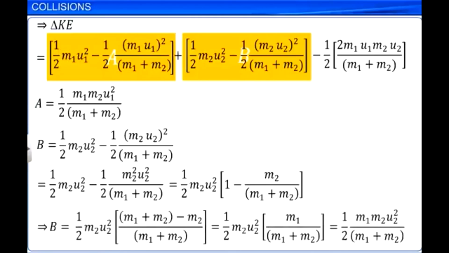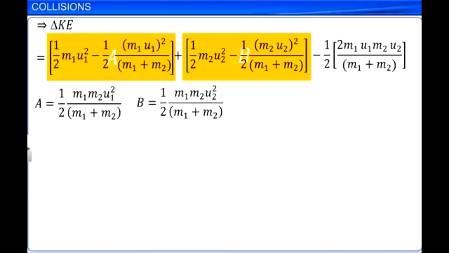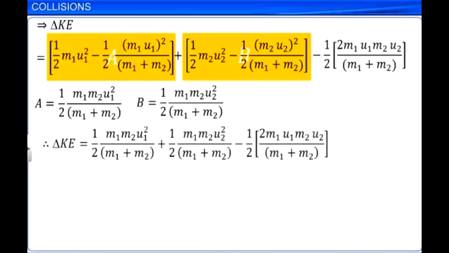Thus, the loss in kinetic energy in a completely inelastic collision is as shown on further simplification.